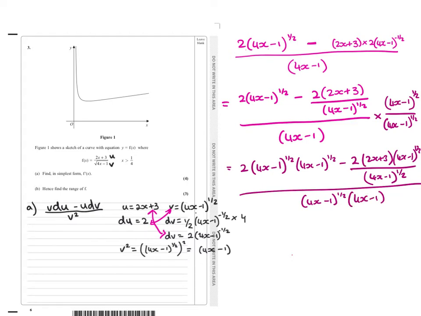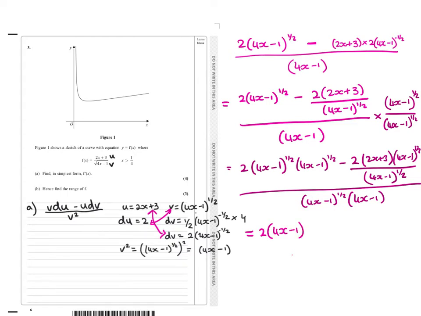Okay, so now if I simplify this, to the power of half times half is just a whole one, isn't it? So I'm going to get 2 lots of that bracket. So 2 bracket 4x minus 1.